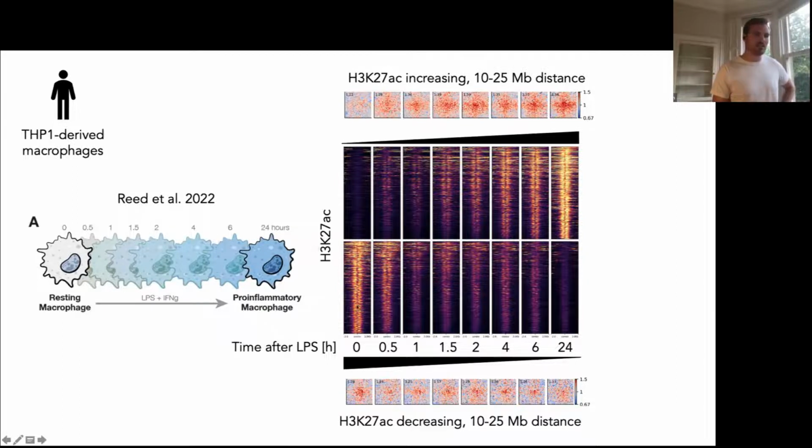And we can see here that within a few hours, in these regions you have a few hundred which robustly gain acetylation. And within those few hours, you also gain interactions. This is rather noisy because there's not that many regions to work with. And similarly here, even though these don't interact much to begin with, they also tend to decrease in interaction in line with their decrease in K27 acetylation. So it's something that occurs in other cell types, and it can be quite dynamic.